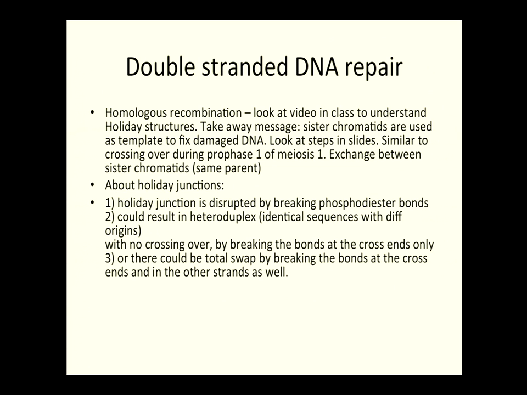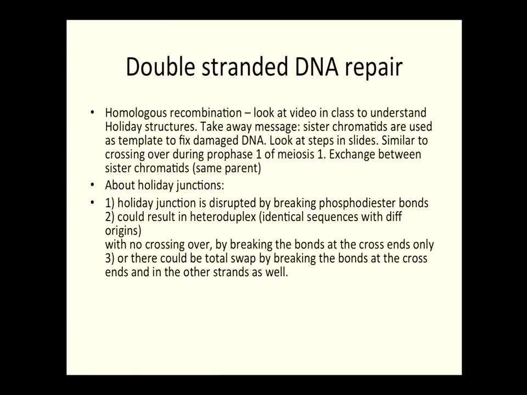But yeah, so this would be the non-crossover product. You can also have a cleave at, say, one Holliday junction, and the other one you'd have a cleaving at the parental strands basically. So that way you can have a crossover product because both strands are changing. Does that make sense?